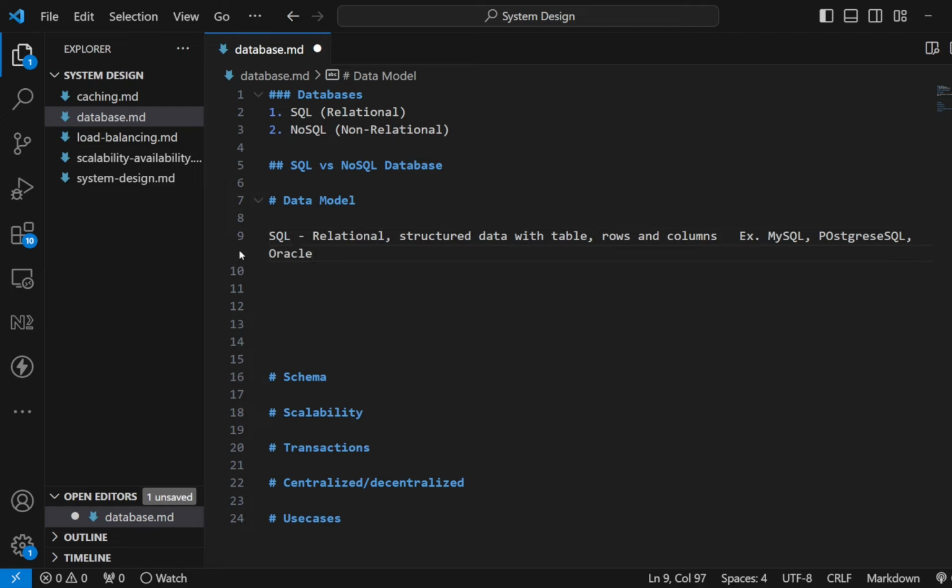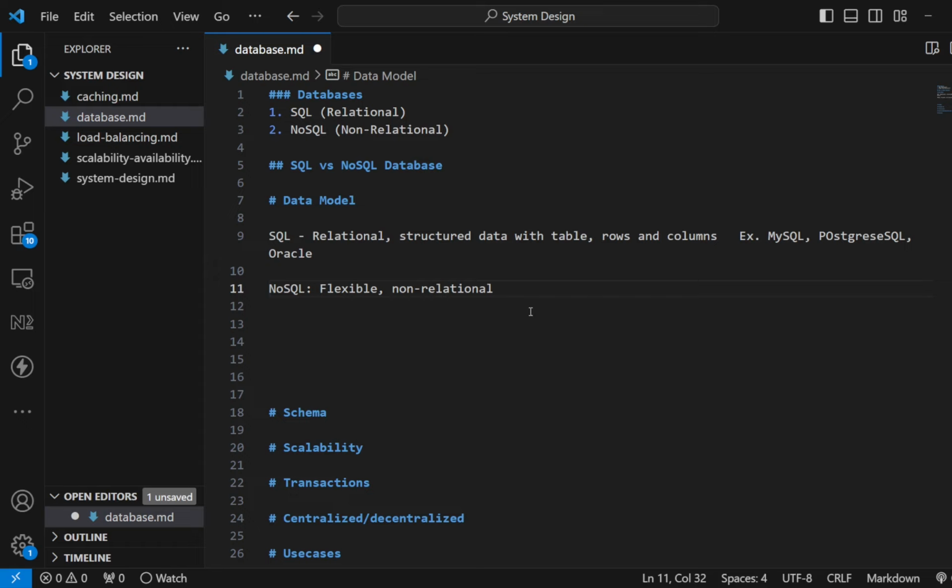So now let's discuss NoSQL on the basis of data model. NoSQL is flexible, non-relational. So NoSQL is a non-relational model and it can store data in various forms like key value, document, column family or graph.